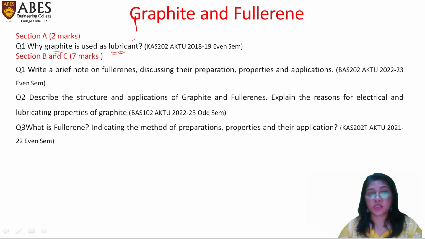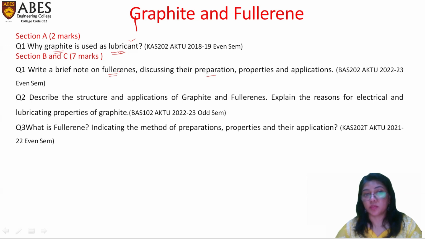Now, sections B and C will be lengthy questions, and we will have to discuss them in detail. Question number 1 is about notes on fullerenes, what fullerenes are, and their preparation. When writing the answers, we have to give all the headings in our copies.